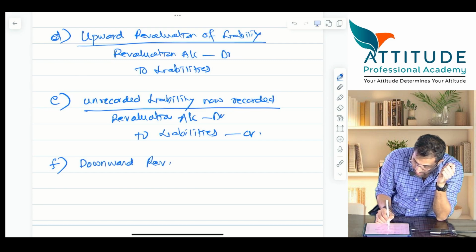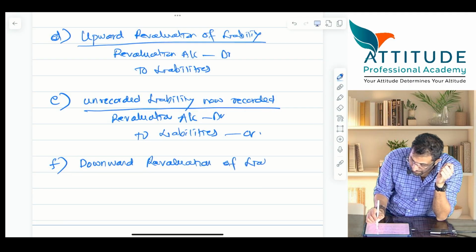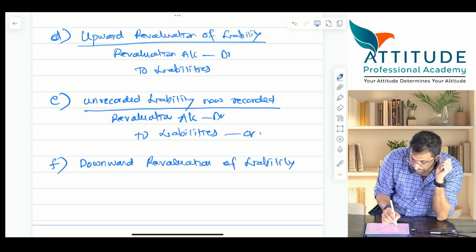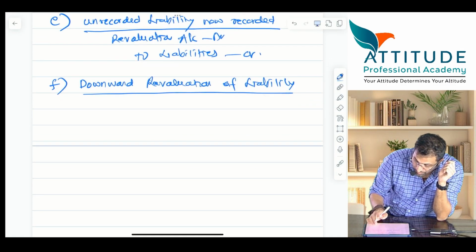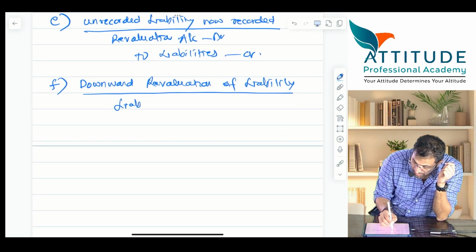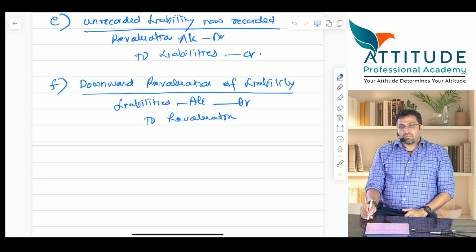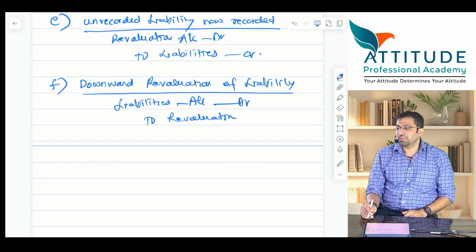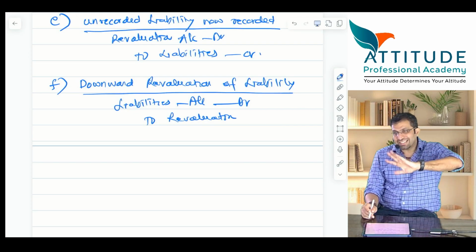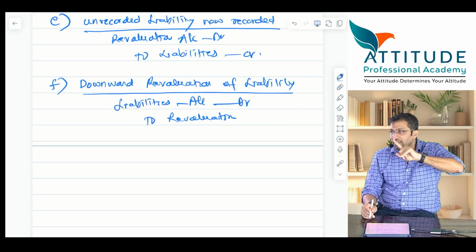Downward revaluation of liability. Liabilities account debit to revaluation. Clear?